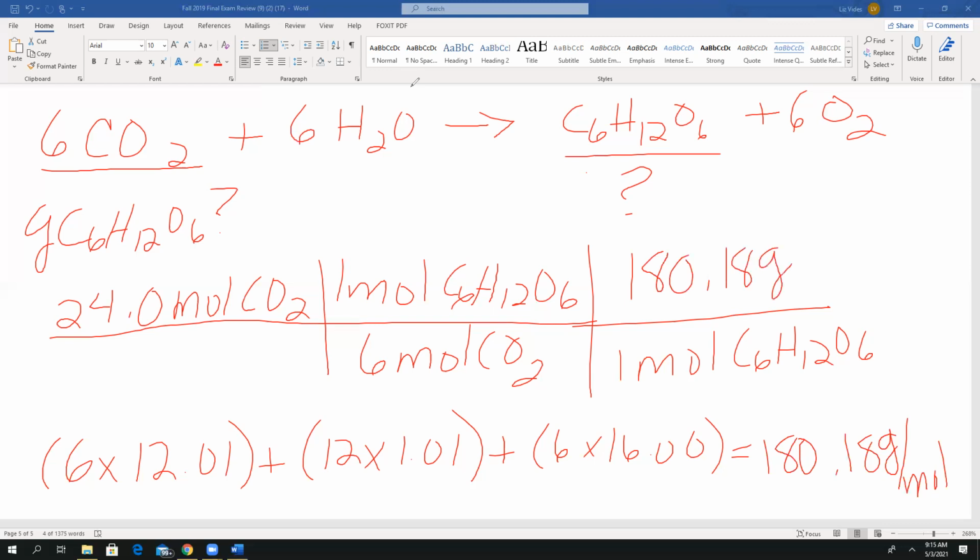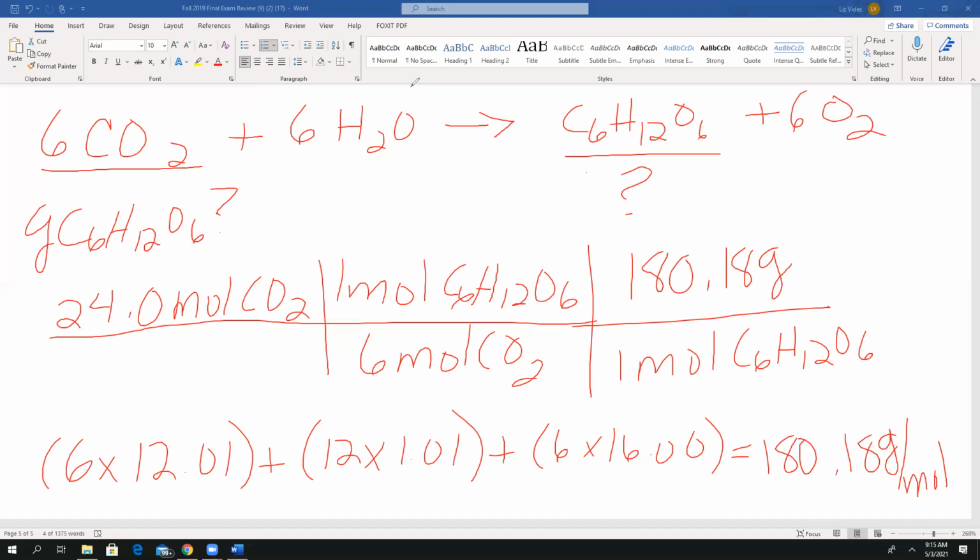Grams per mole. All right, so what we do now is multiply what is on top, 24 times 180.18 divided by 6.